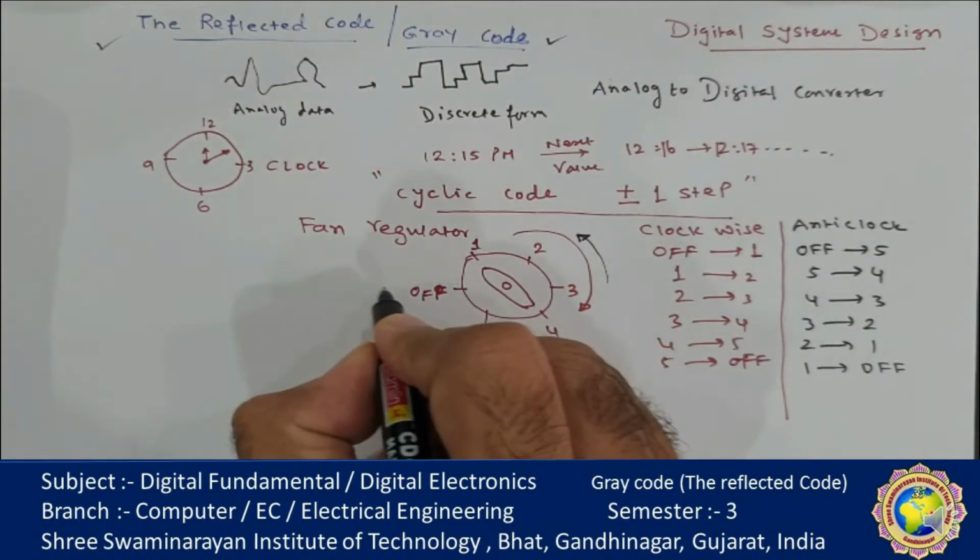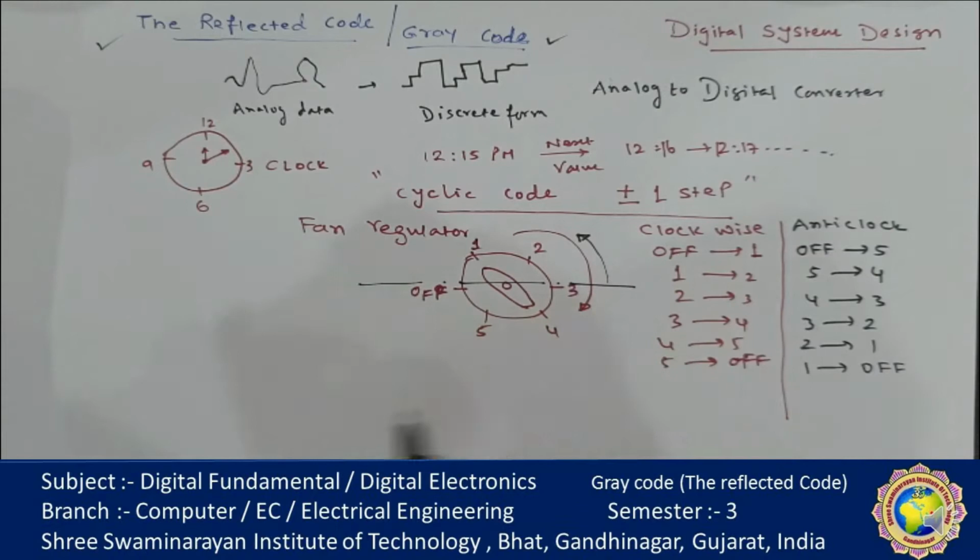Because the first is that it is the mirror image. See, whatever 1, 2, say here 4, 5.